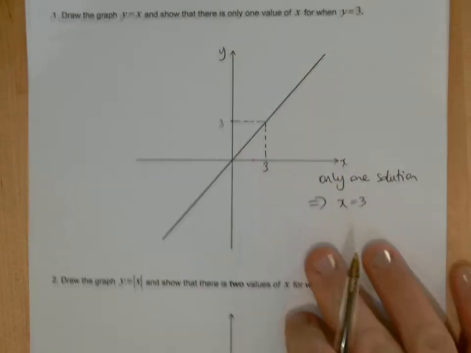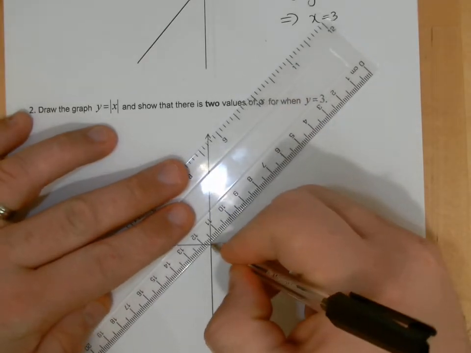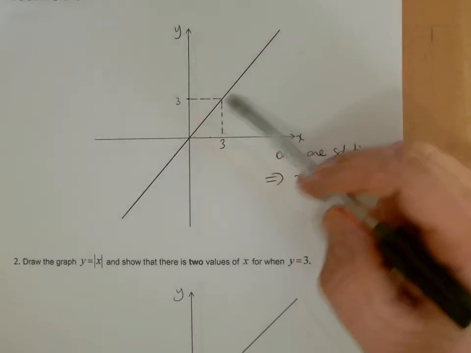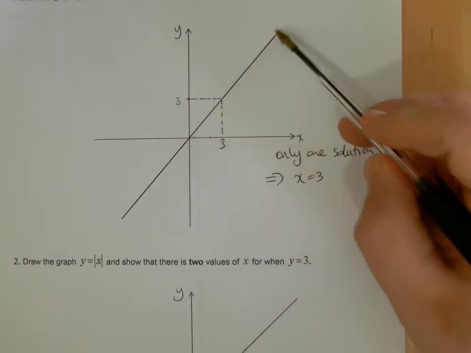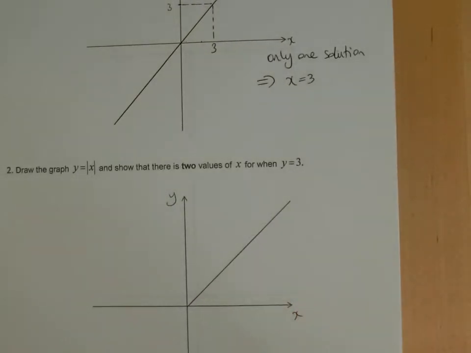Okay, in fact, I can just draw the same graph again for the positive part of that graph. We've got positive y values, so nothing needs to be changed because they are positive.